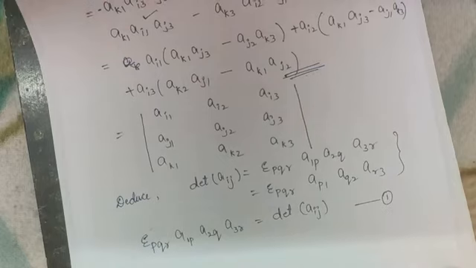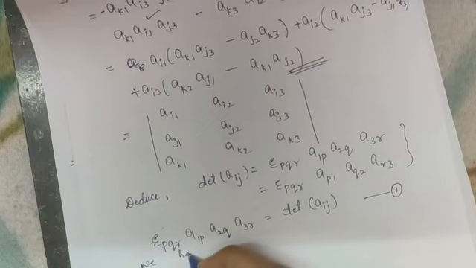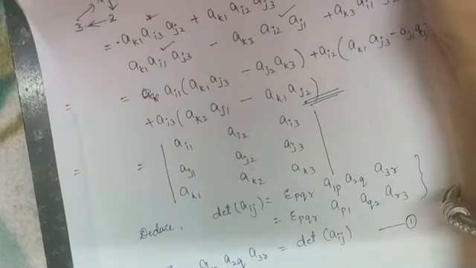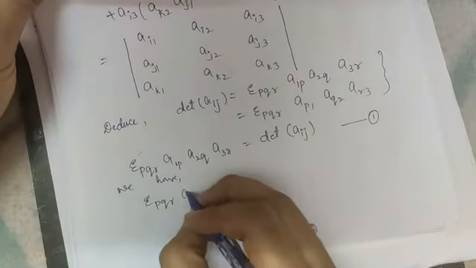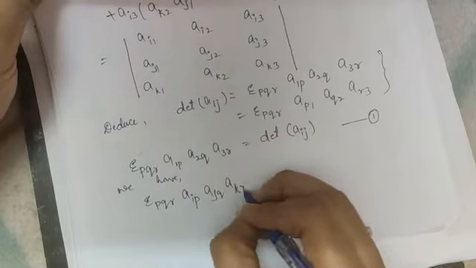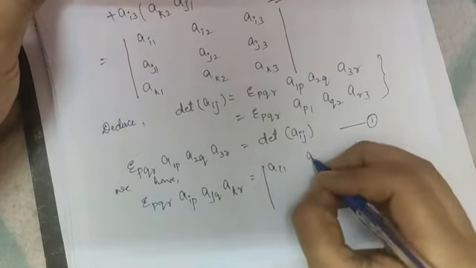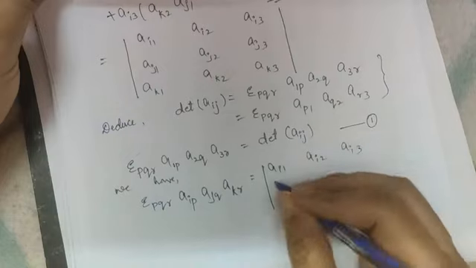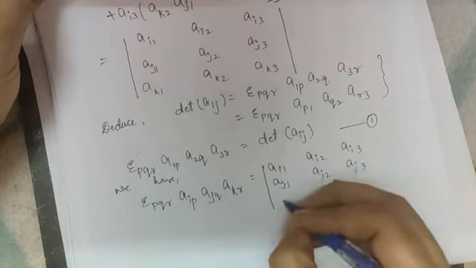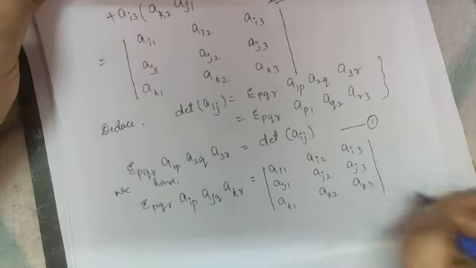From the previous relation we have epsilon PQR AIP AJQ AKR equal to the determinant of AI1 AI2 AI3, AJ1 AJ2 AJ3 and AK1 AK2 AK3, right?